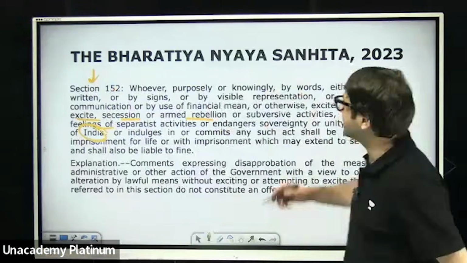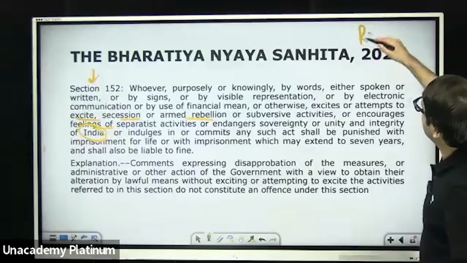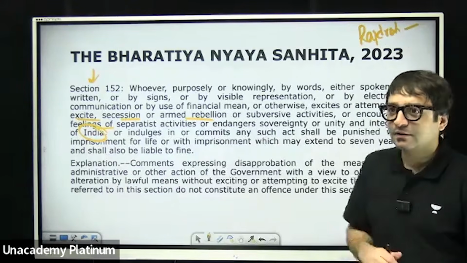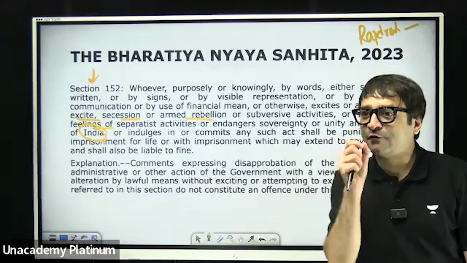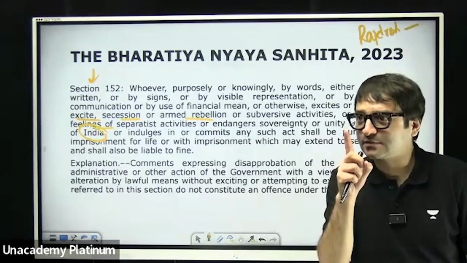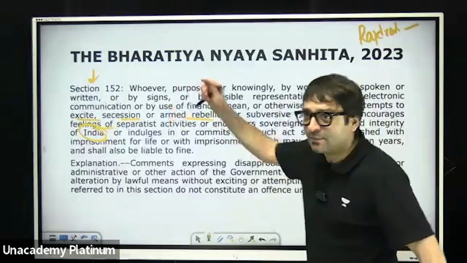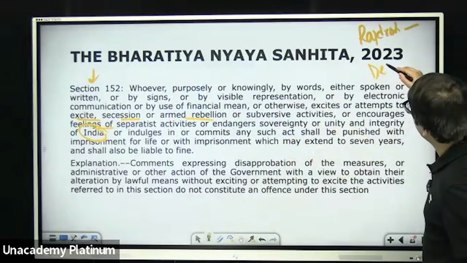That means previously it was Rajdroh, an offense against the government. That was sedition. Now it is not against the government. It is Deshdroh.